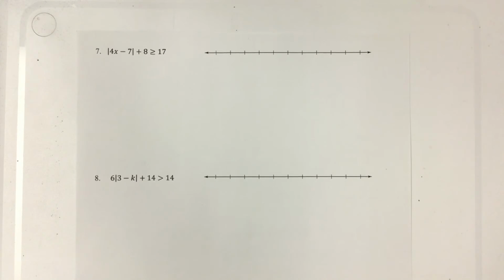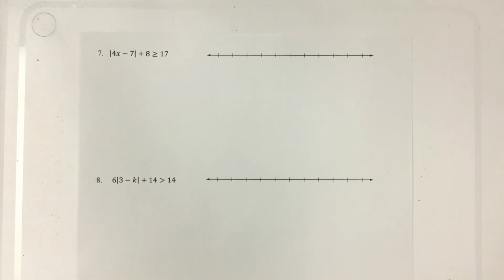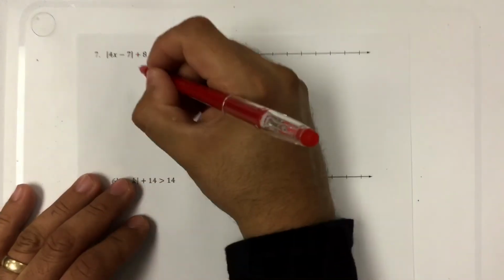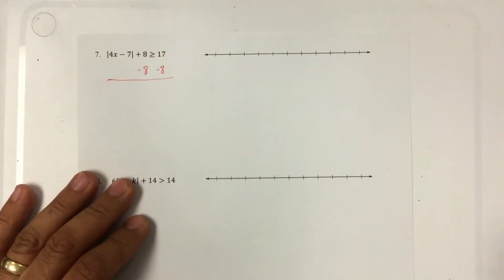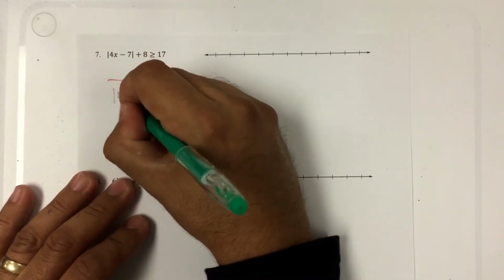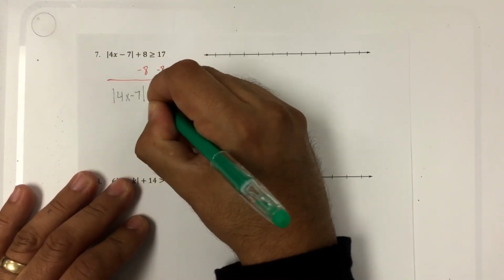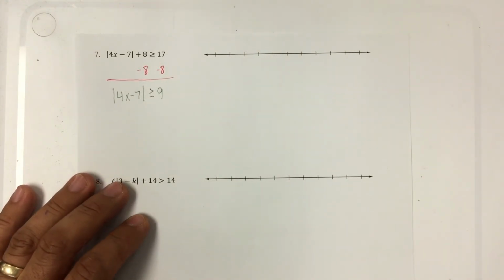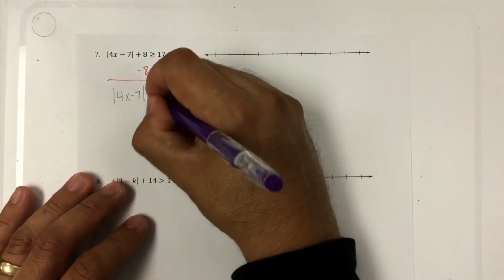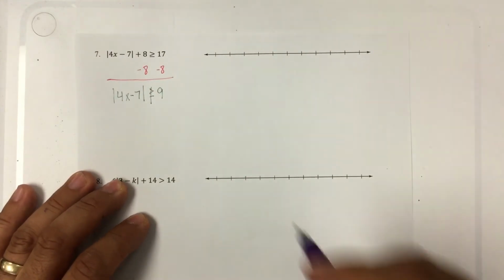Okay, so this one right here, I can't just go into the answer. What do I need to do first? Subtract the 8s. Why is it a split? It's greater than. There you go. So it's a split. So how do I write this?